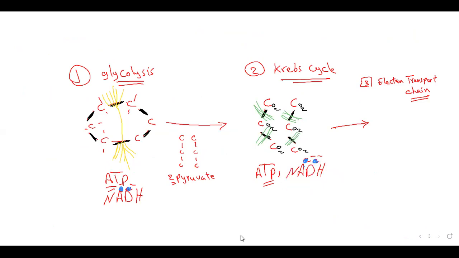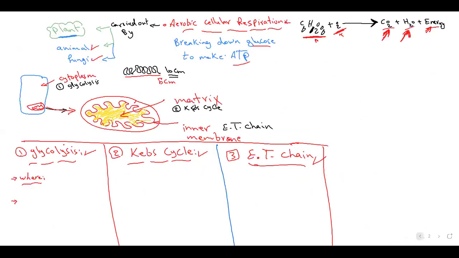I will show you how we extract the energy from these electrons and use it to make ATP. So let's see the three steps, where each requires and produces.